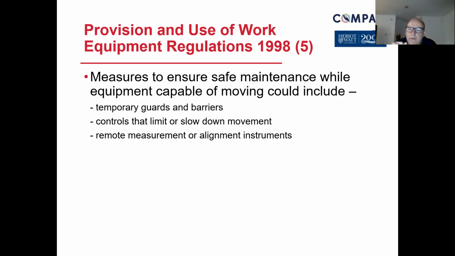So if the guard stops the two rollers coming together and causing that inward nip and then fracture and amputation in some cases, if you have to remove the nip guard and you've got the roller going around there and a roller underneath doing the drawing, you would have what we call an inch.